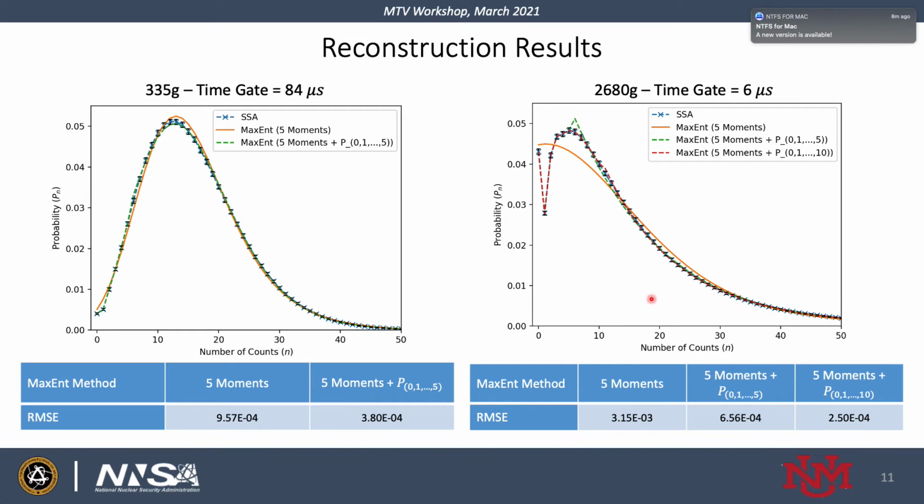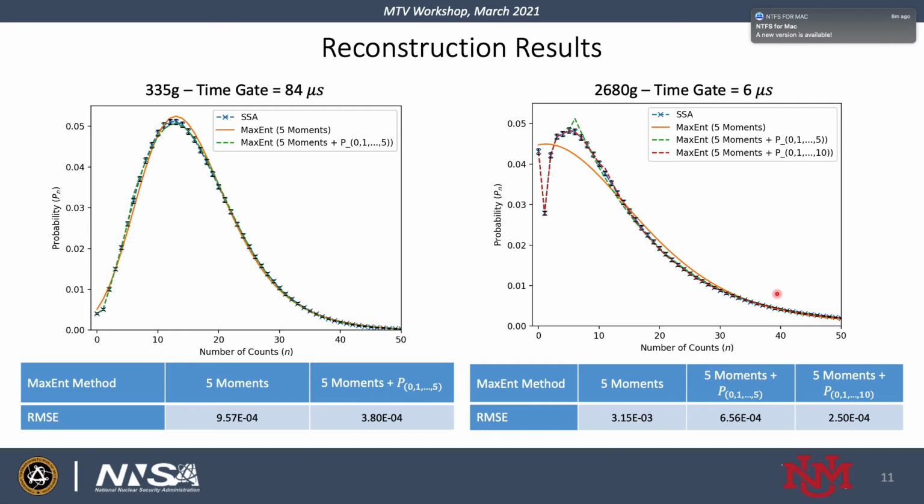But by adding 11 points, 0 through 10, the distributions are almost identical. You can see the decreasing trend in the root mean square error below the plot here. And again, this is the same plot used for the orthogonal polynomial expansion, so the standard deviation is about 1.5% here at the peak, and it goes up to 7% at the end of the tail.